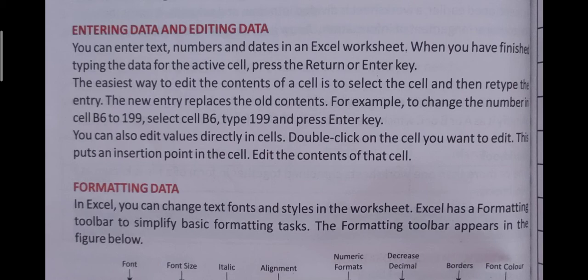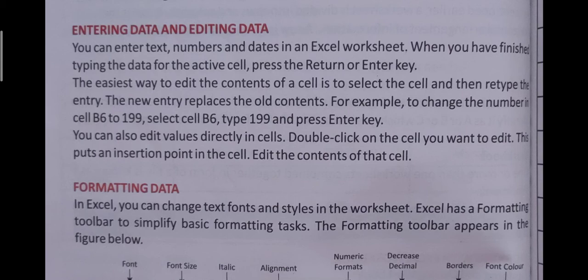The easiest way to edit the contents of a cell is to select the cell and then retype the entry. The new entry replaces the old contents. For example, to change the number in cell B6 to 199, select cell B6, type 199 and press enter key. You can also edit values directly in cells.